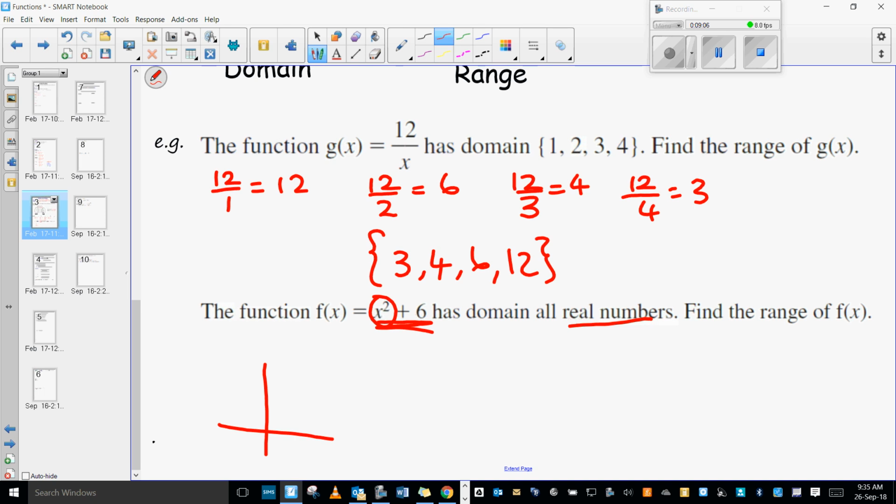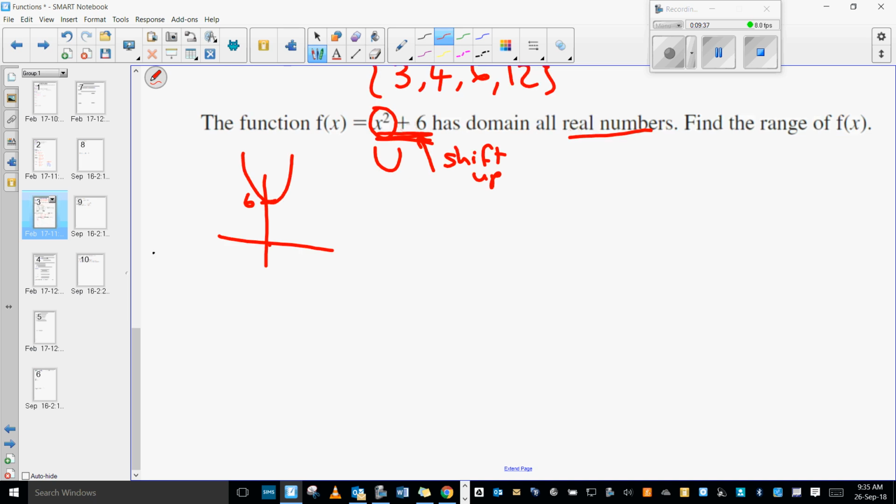It's positively happy. What does this plus 6 tell us about the position? It intersects the y-axis at 6. Do you remember this number shifted it up 6 places? Normally it would have been at 0, 0. So we are visualizing this graph here.